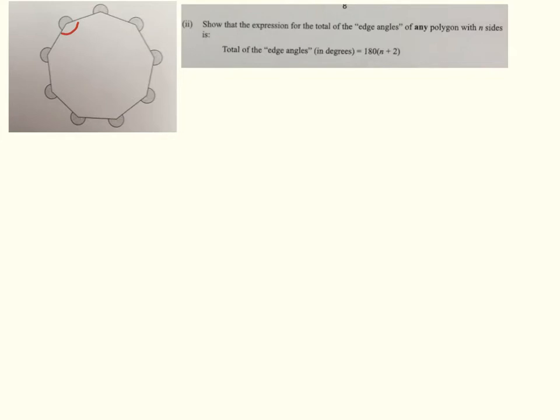So, based exactly on what you said, to work out the total number of degrees for the interior angles, we can go 180 times by what? How do you work out interior angles? N minus 2. Right?